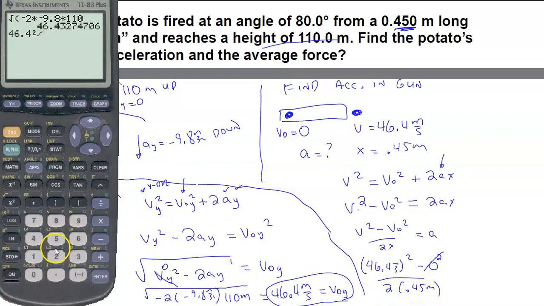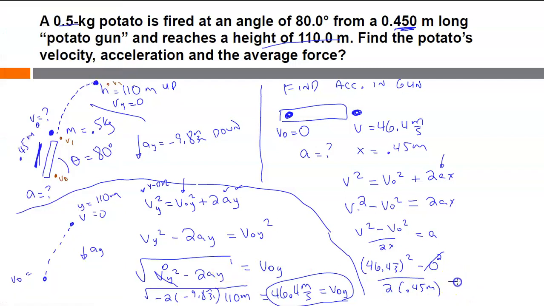So you could either say divided by 2 divided by 0.45, get that number. If you don't like that, you can say 46.4 squared divided by parenthesis 2 times 0.45. That'll work fine too. Either way works. So that's my acceleration.